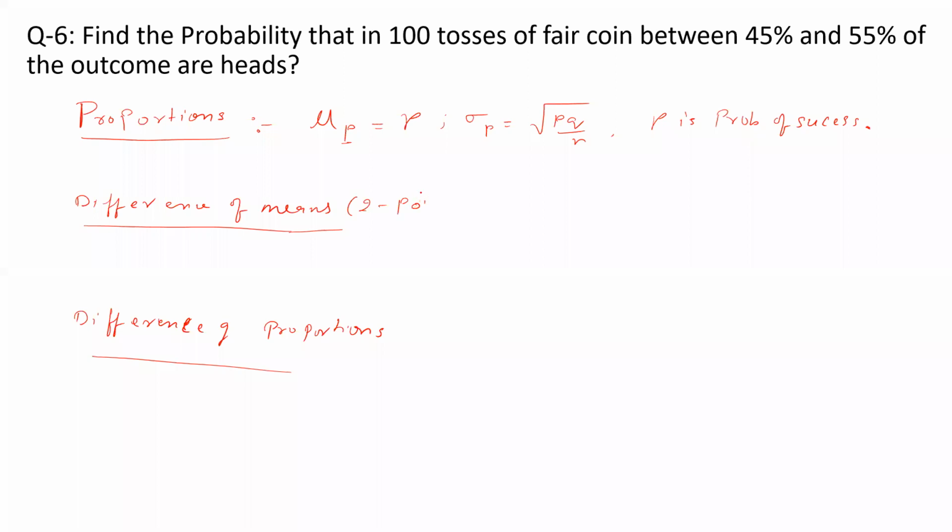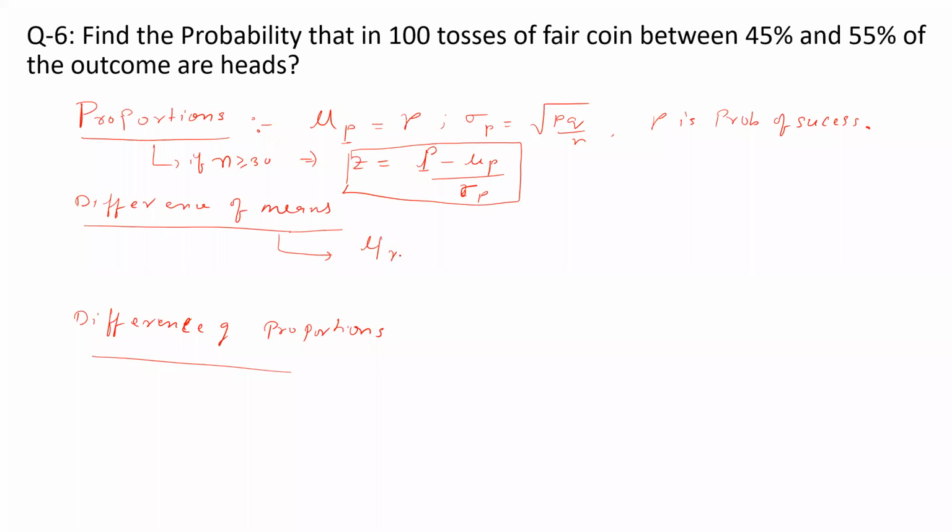Before I go to difference of mean, let me put one more term here: if the sample size is large for the proportion, if your sample size exceeds more than 30, then you have to use the standardized normal variate, and the Z formula will become capital P minus mu P divided by standard deviation of P. So this will be the standard normal variate we will use for proportion whenever your sample size exceeds more than 30.